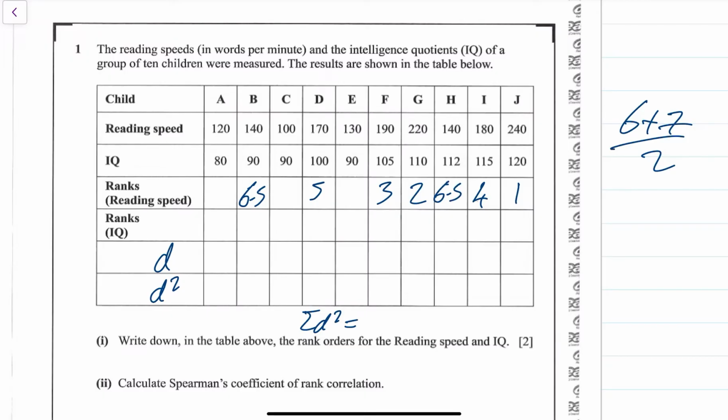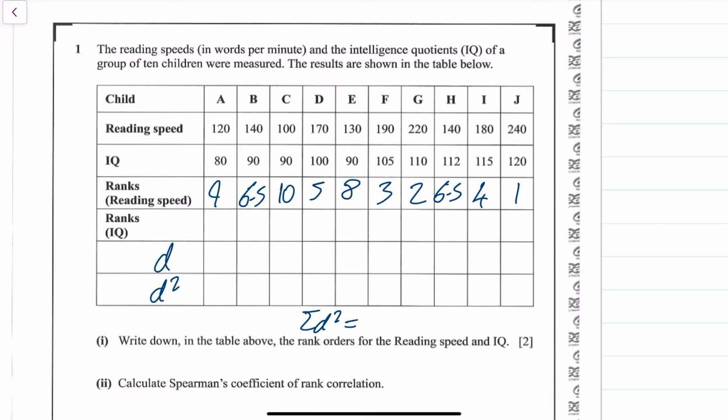The next one then is 130. So we've done the 6th and the 7th really, so this is now on to the 8th. And then the 9th is 120. And the last one, the 10th one, is 100. Okay, so that's the reading speed's done.